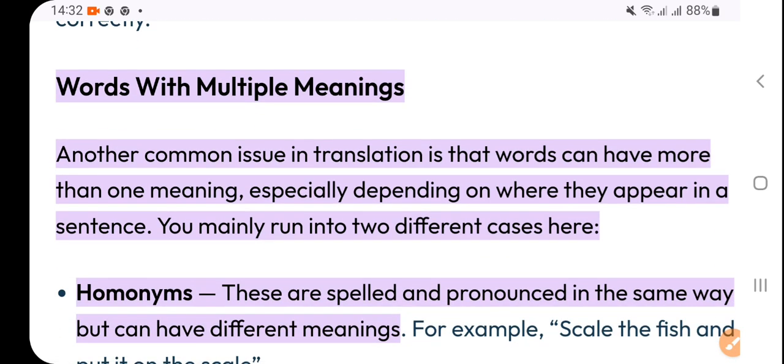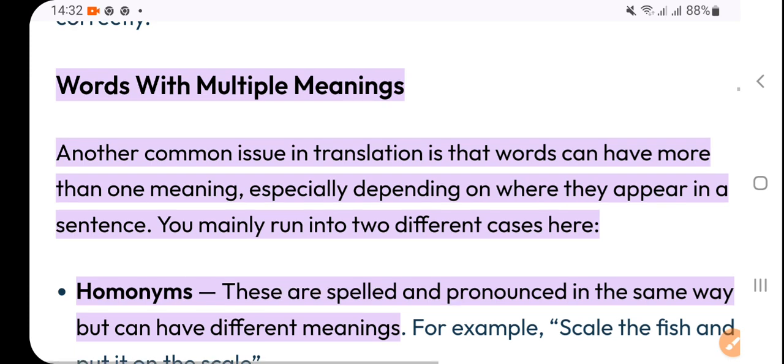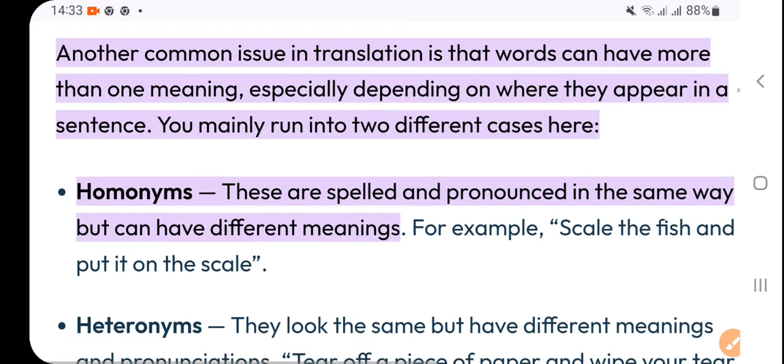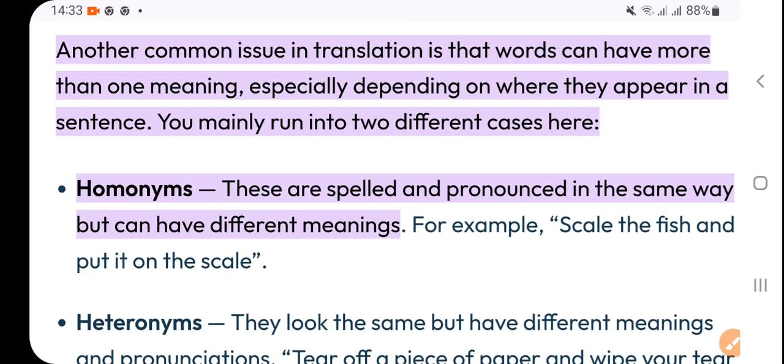Now, words with multiple meanings. Since a long time, when we discussed ambiguity, we also discussed that one word can have multiple meanings, and that's a big problem. Another common issue in translating is that words can have more than one meaning, especially depending on where they appear in a sentence, right?